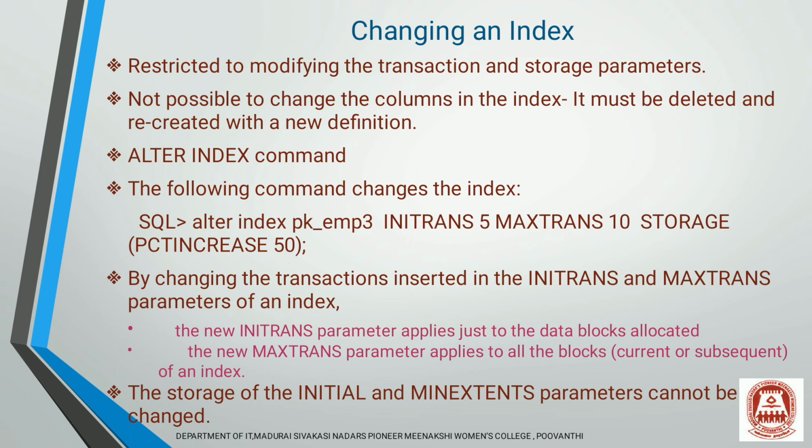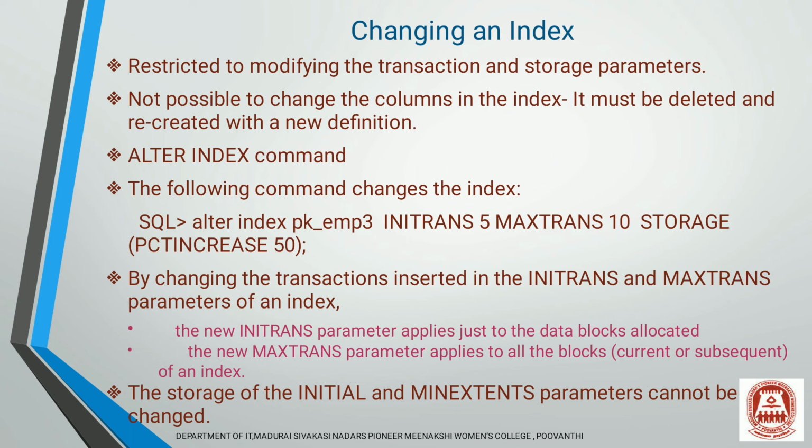Changing an index is restricted to modifying the transaction and storage parameters. It is not possible to change the columns of the index. When you are trying to change the column, the only thing you can do is delete the index or recreate the index with a new definition.